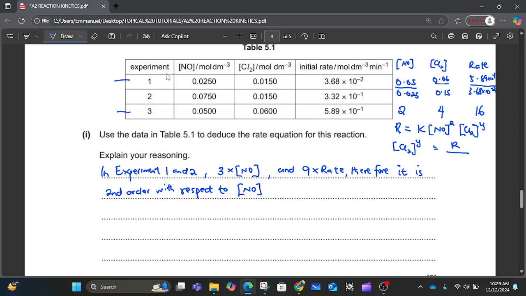Now, K is a constant, so I'm going to eliminate that out of this calculation for now.